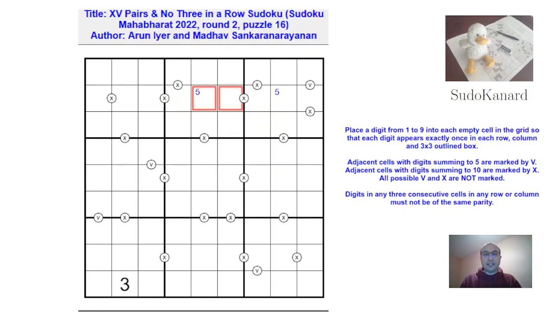Well, we know that these three cells can't have the same parity, but these two must have the same parity because they add up to an even number. And knowing that all this has to be odd, those two can't be both odd. So they must be even.